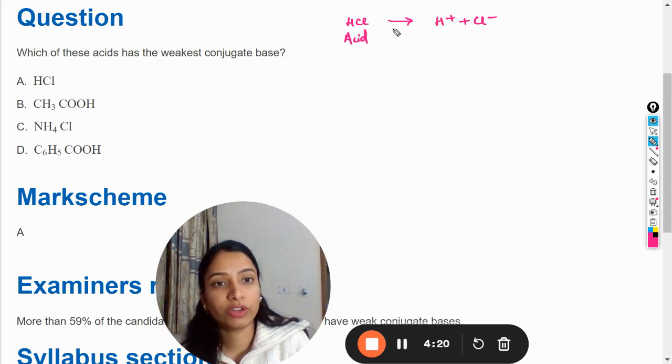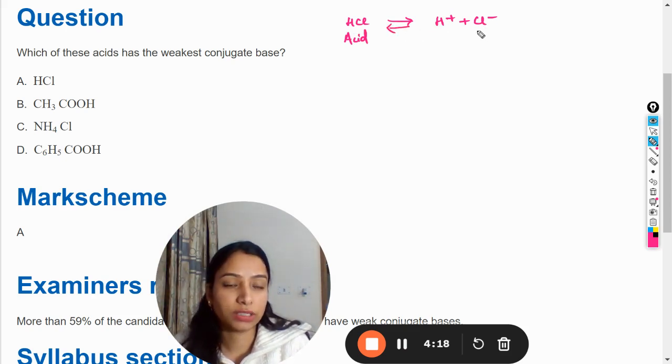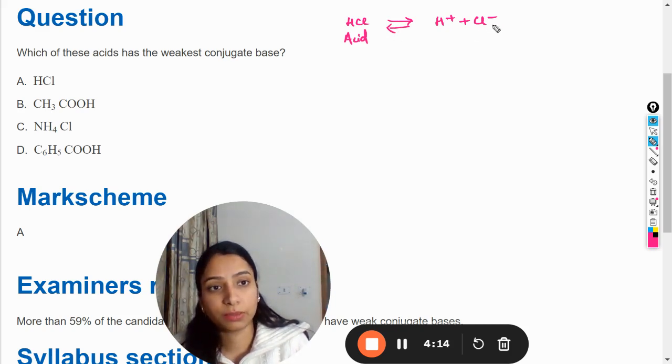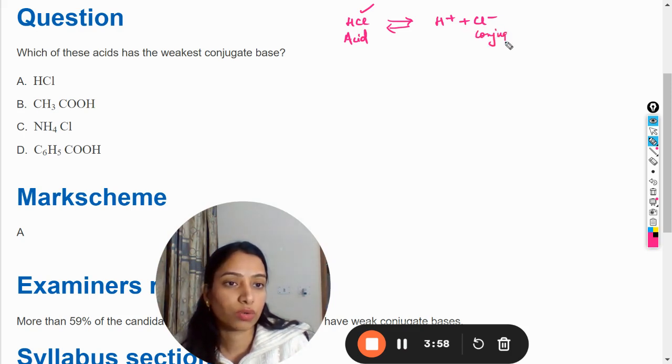So, if we talk about the backward reaction, in the backward reaction, this Cl negative will act as a base because it will accept this proton and produce HCl. So, this is a base, but it is the conjugate base of HCl because HCl produces the Cl negative by donating this proton. So, this will be known as the conjugate base of HCl.